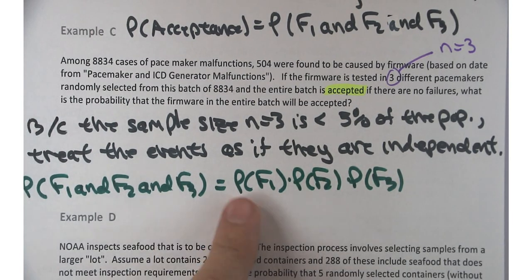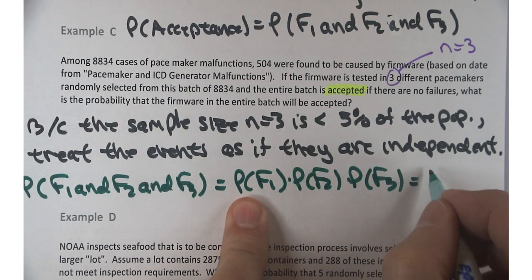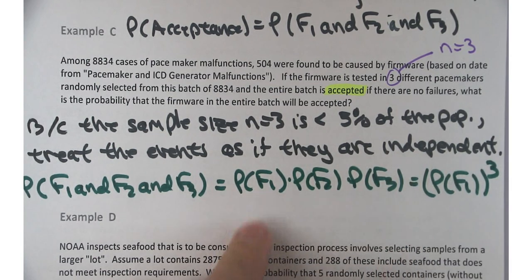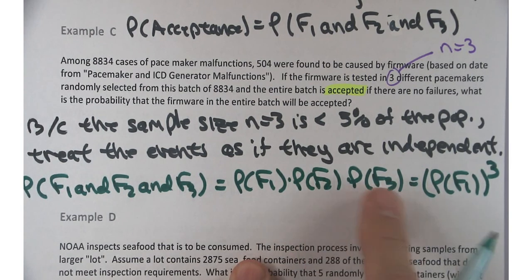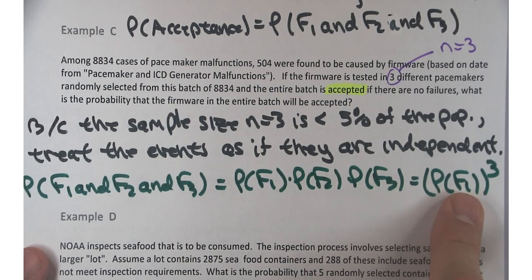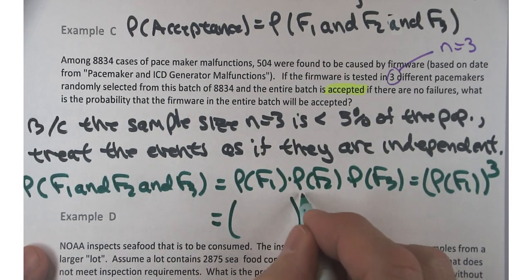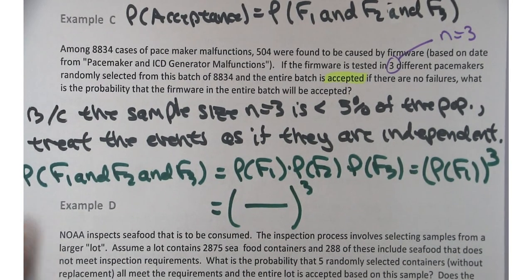We're just going to treat it as the probability of F1 cubed. Because technically these probabilities change if you go to F2 and F3. We're going to treat it as the cube of this one. So let's figure out, well, what's the probability of drawing the first one out and finding that it actually has working firmware.